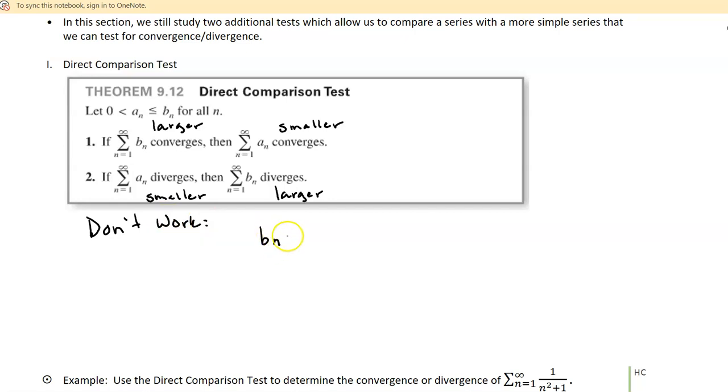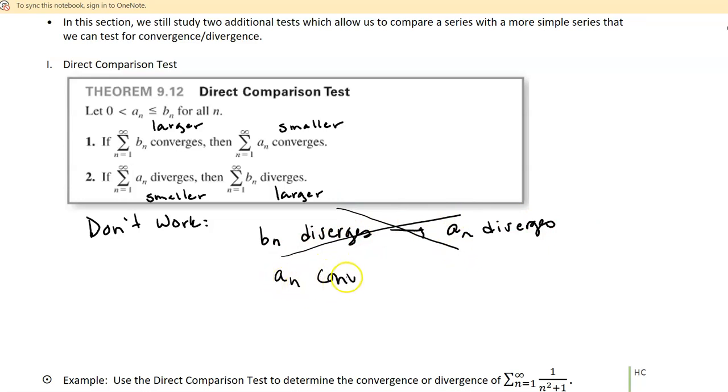You can't use the test if b sub n diverges. This is not going to give you a sub n diverging. If a larger series diverges, that doesn't necessarily mean that the smaller one has to. If the smaller one converges, you can't say that b sub n must also converge.